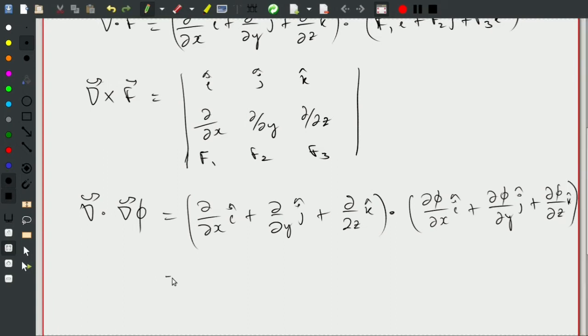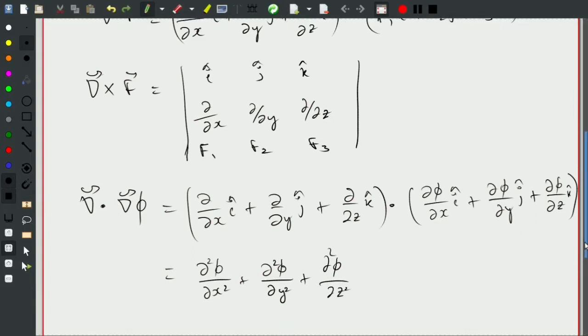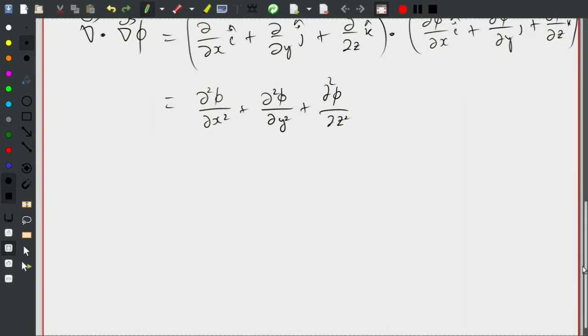If we take the dot product, we have dou square phi by dou x square plus dou square phi by dou y square plus dou square phi by dou z square. Okay, so this is the Laplacian. This is a dot product.